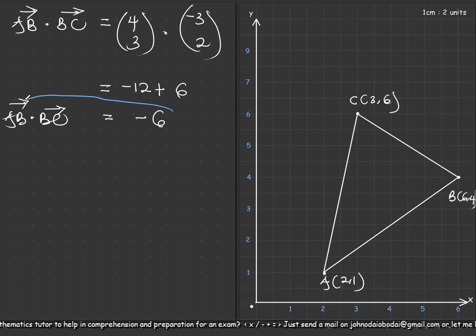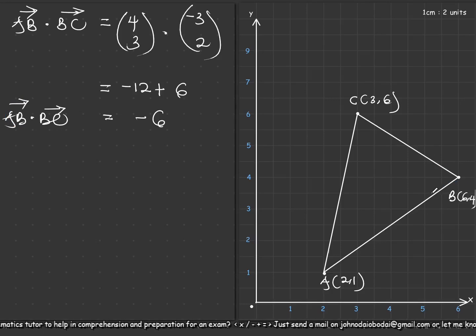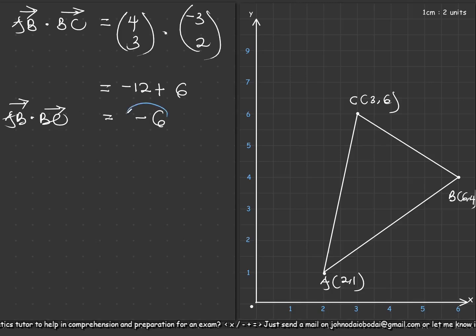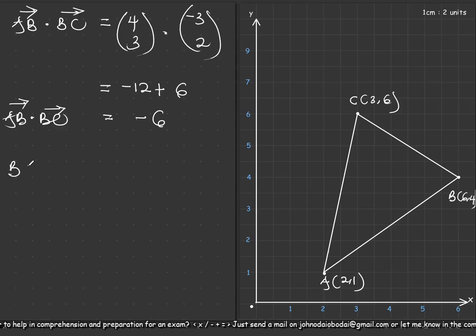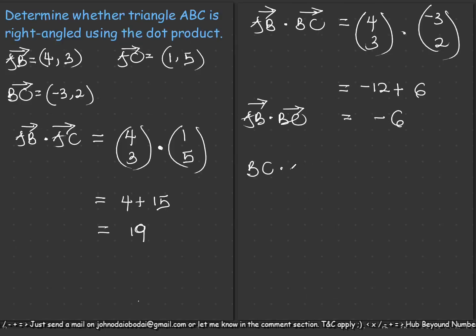So this property is trying to tell us that the exterior angle here is an obtuse angle. You get it? So don't be confused why it is negative, trying to refer to the interior angle, but rather it is referring to this one here. In view of that, let's look at the last one, which is BC dot AC.